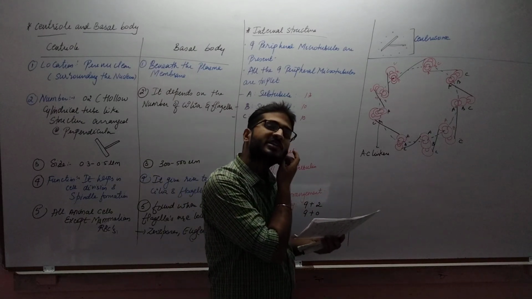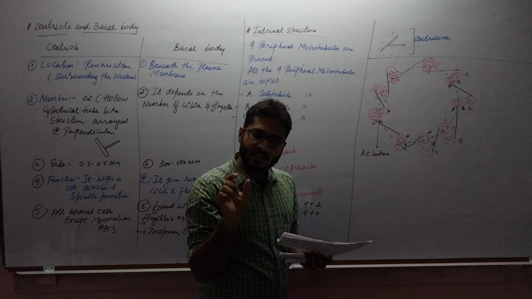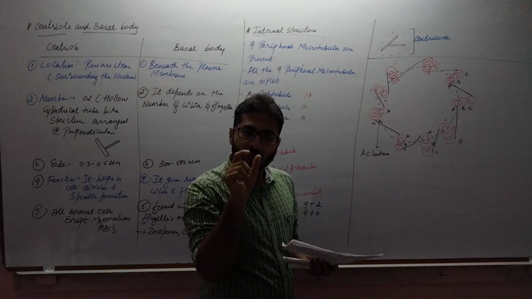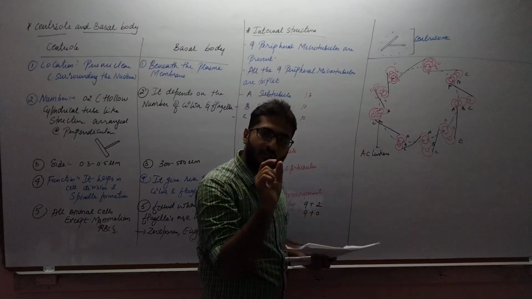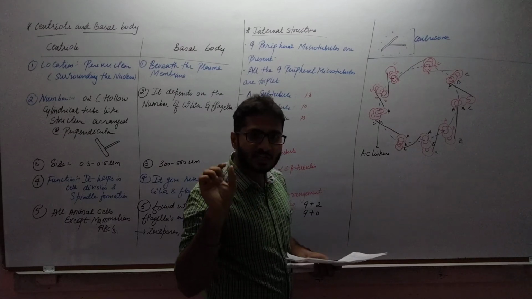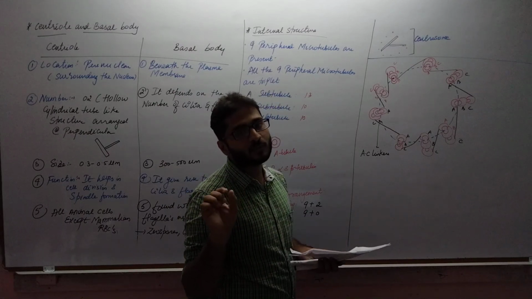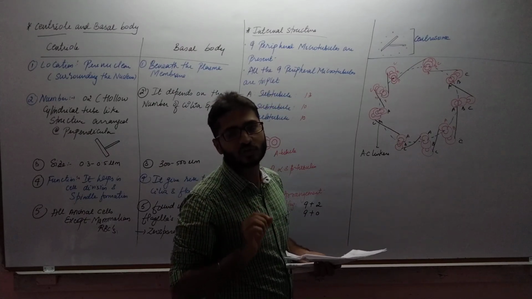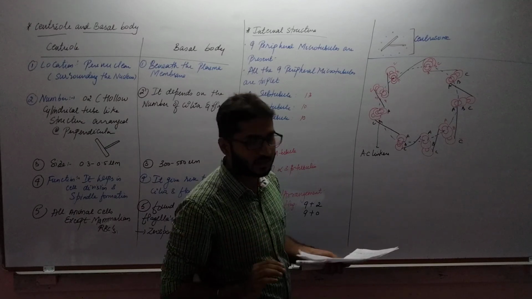Now, there are a total of 9 peripheral microtubules. So 9 A's will be there. Beneath each A there is a dense material which is present. That structure is called the X body.